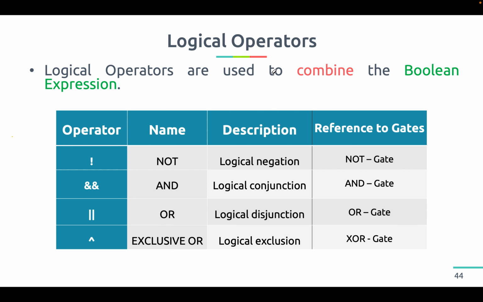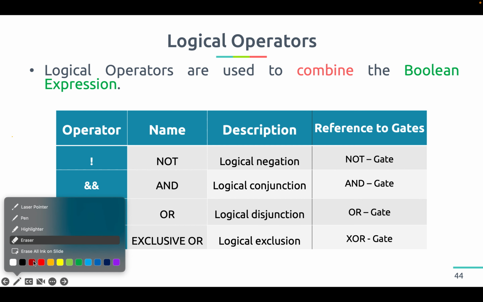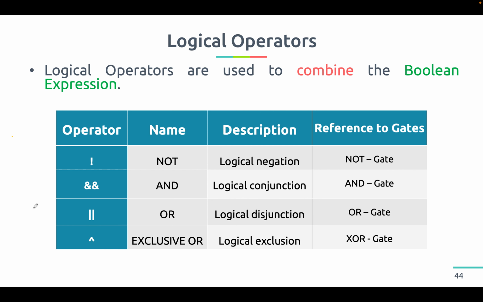So the logical operators are used to combine many Boolean expressions. For example, the not operator: if I add a not before a variable, for example not x, and the variable x stores true, then this will be false. And if it was false, then not x will be true.